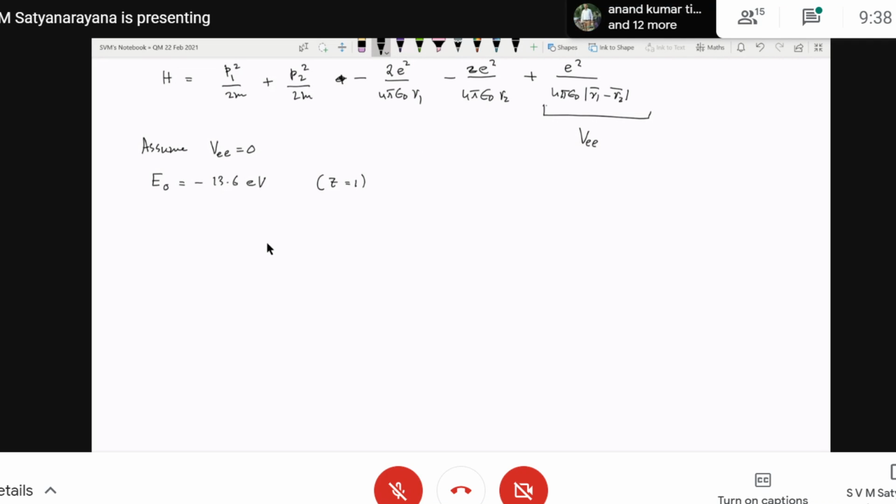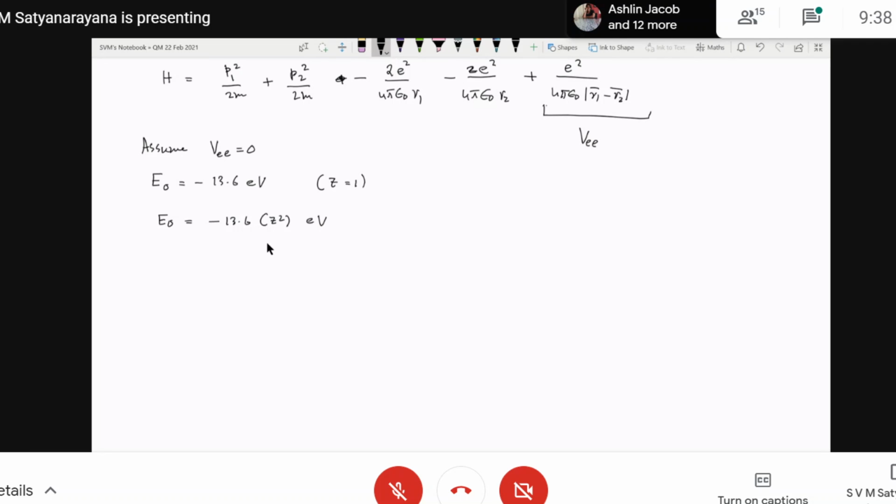Now if you consider hydrogen-like atoms, then your E0 is equal to minus 13.6 into Z square electron volt. That will be the change, because the energy for Z equal to 1 is minus 13.6 electron volt.